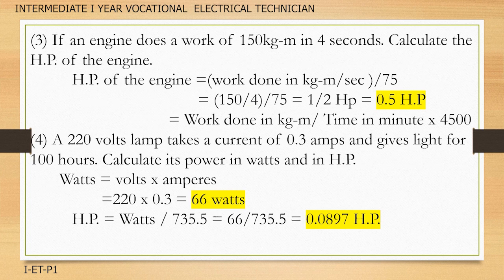Next, third problem. If an engine does a work of 150 kg meter in 4 seconds, calculate the HP of the engine. What is HP? HP is known as horsepower.